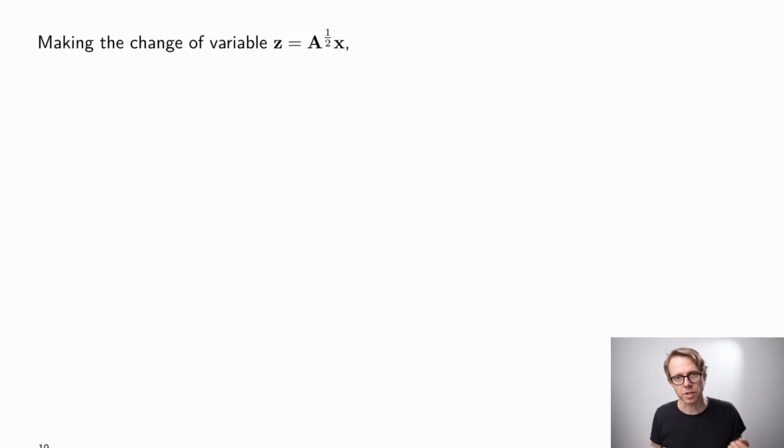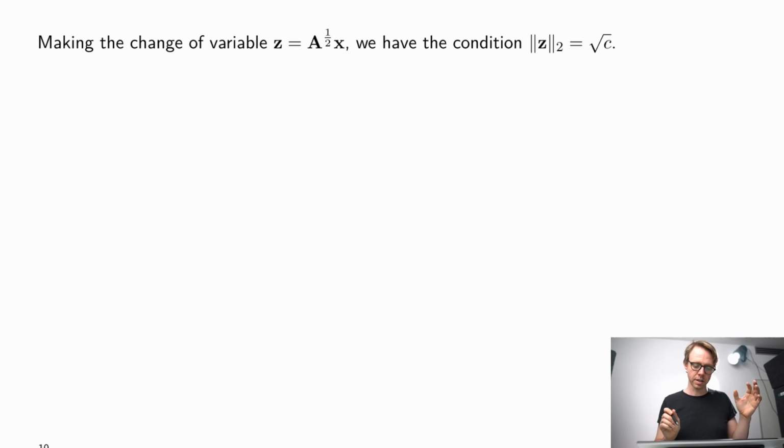Now that we have established that this quadratic form x transpose A x is equal to the squared norm of A to the 1/2, the square root of A, times x, we can make a change of variable and introduce z equals A to the 1/2 times x.